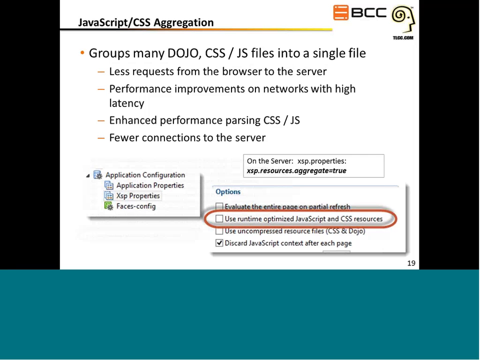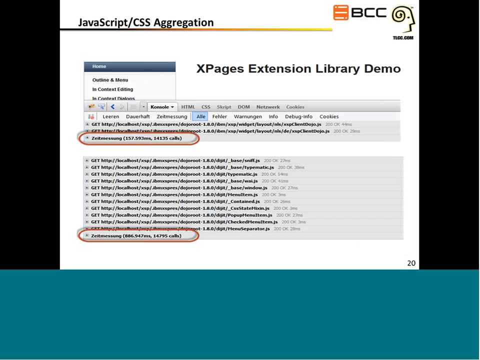Here is how it looks if you do it with the Firebug extension for Firefox. The picture below shows the result of loading a page if this feature is disabled. You can see there are a lot of requests sent to the server, and the responses come back. A lot of small files are loaded, and it takes almost 1 second to load all this stuff.